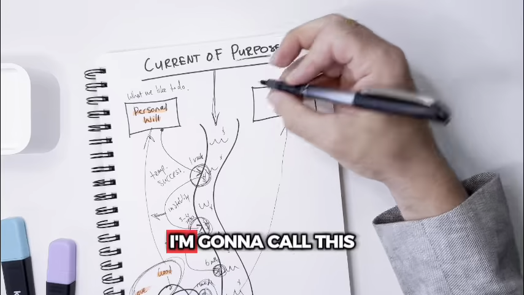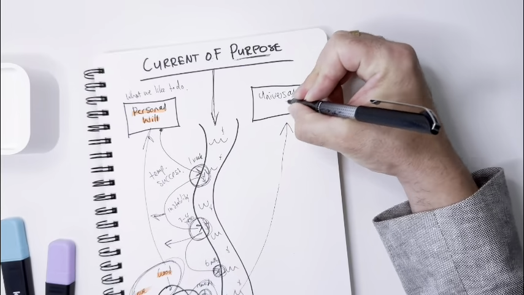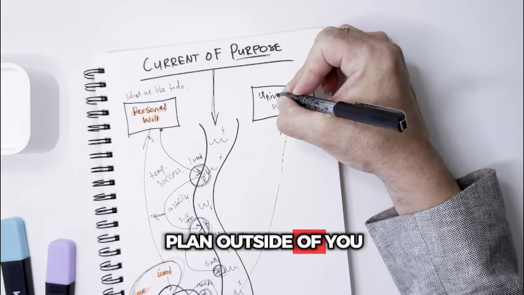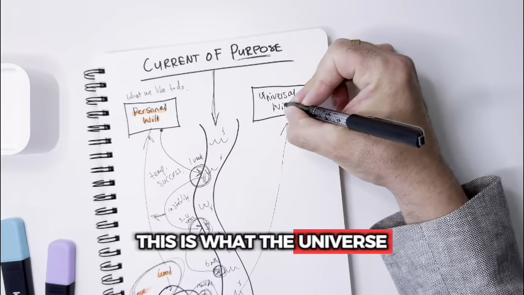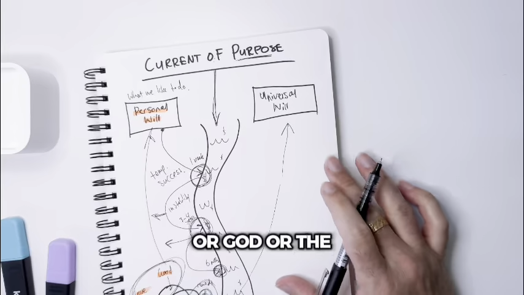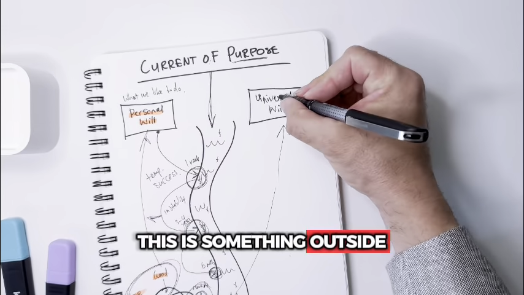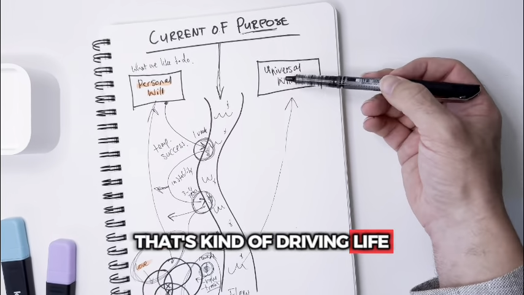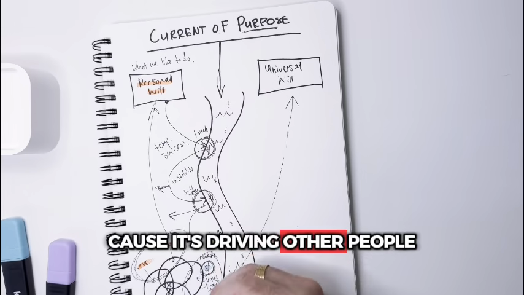So for these purposes, we're going to call this the will. And I call this the universal will because this is like a plan outside of you. This is what the universe or God or the environment, the market, whatever, something outside of you that's beyond you, that's driving your life, driving your results, because it's driving other people.